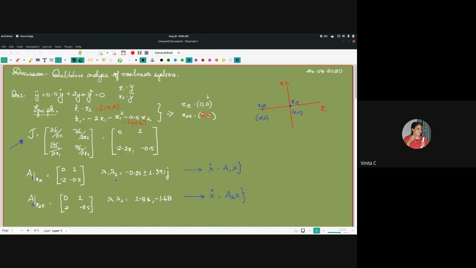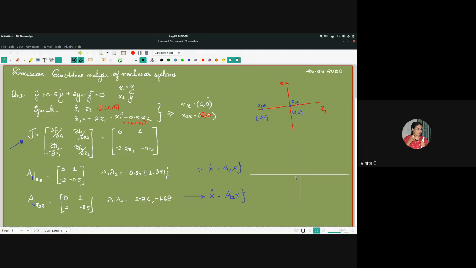For the A1 matrix, lambda 1 and lambda 2 are complex with real part negative. So what is it? Stable focus. Stable focus, correct.